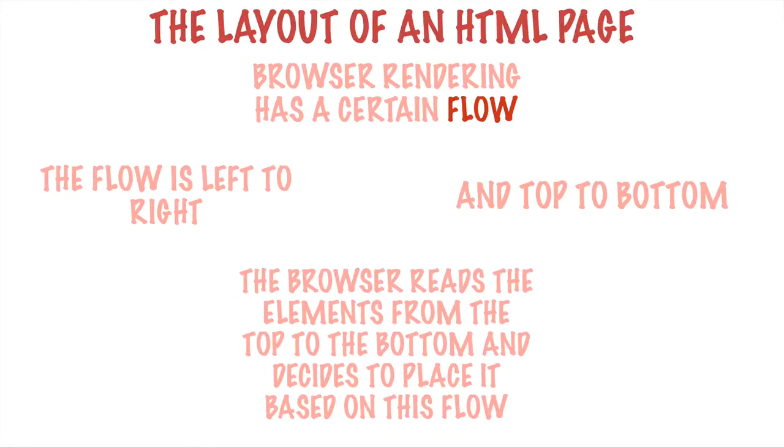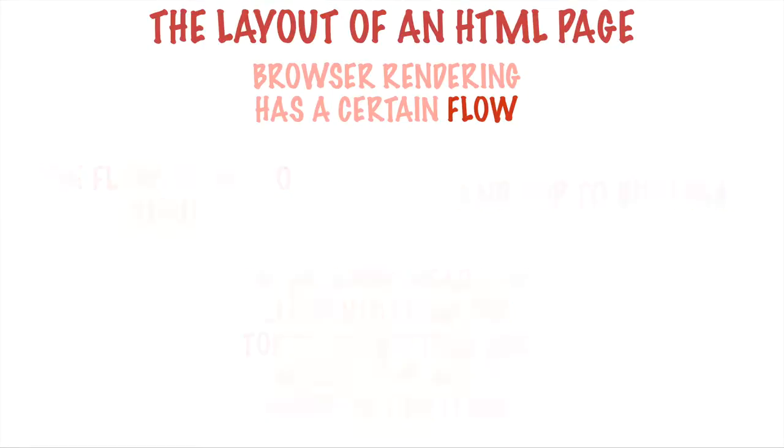You read the right margin and then you move one line downwards. The browser reads the elements on an HTML page from the top to the bottom. It reads elements one after the other from the top of the HTML page you've defined to the bottom. As it reads the elements from top to bottom, it places them on the basis of this left to right, top to bottom flow.